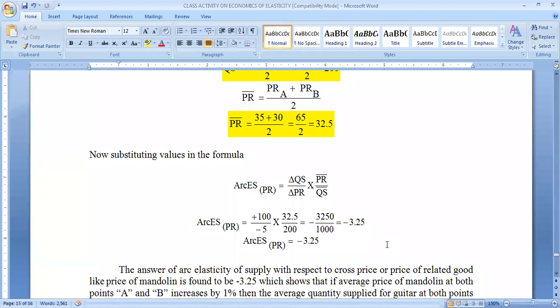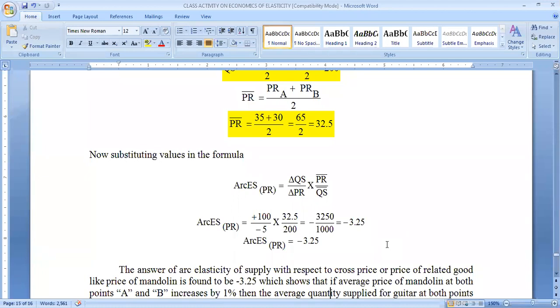Since plus minus multiplied and the result is minus, therefore the coefficient of arc elasticity of supply with respect to price of related good, like price of mandolin, is found to be minus 3.25.